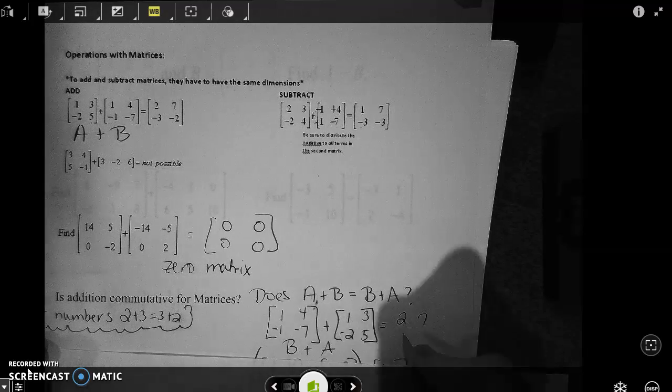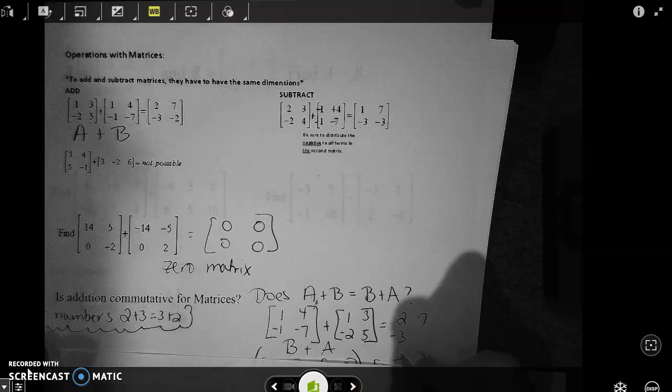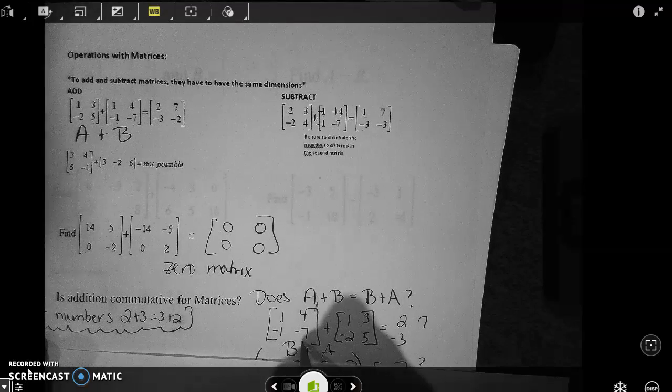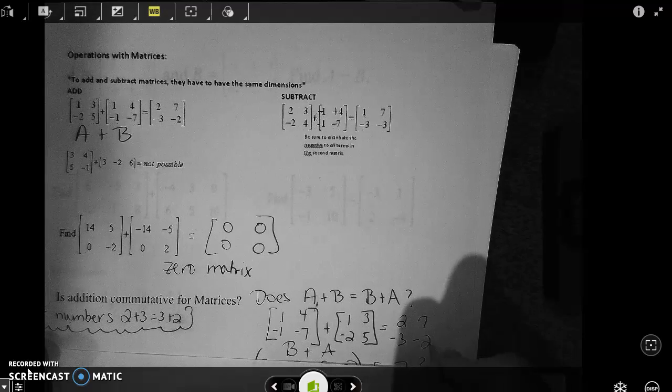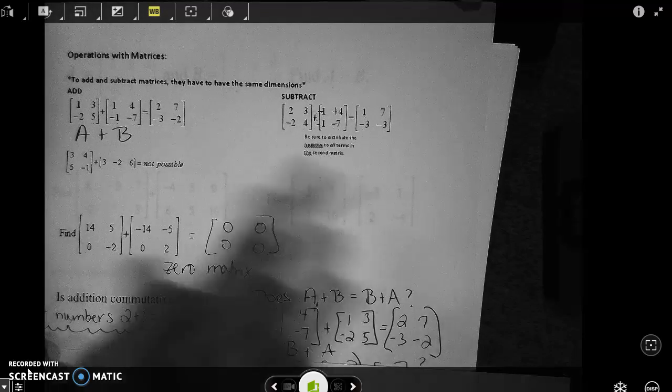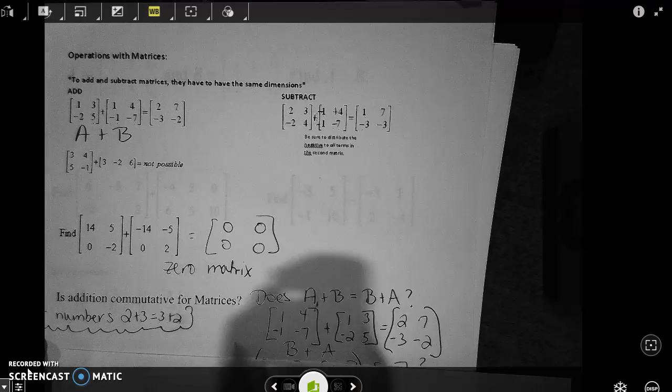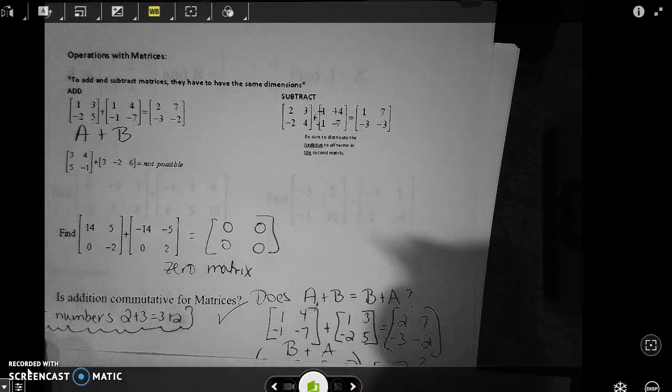Negative 1 plus negative 2 is negative 3. Negative 7 plus 5 is negative 2. And so notice we get the same matrix up above. So are they commutative? Yes.